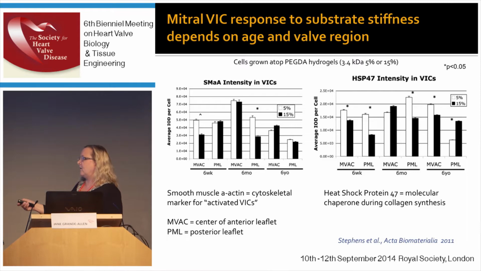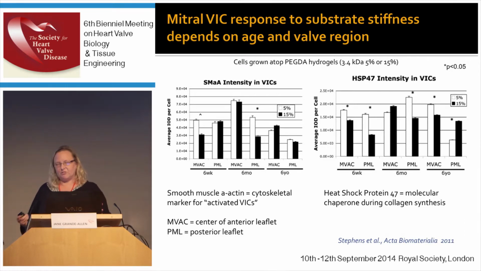It really depended on whether the cells were from the center of the anterior leaflet or from the mitral leaflet. In some cases, we would get a reduction in a marker with increased stiffness, but that wasn't always the case. With the older valves, we found an increase in expression of heat shock protein 47, which led us to conclude that the mitral valve is very, very complex.